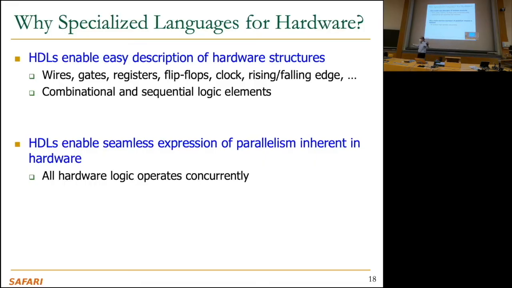In fact, if you really understand how to build hardware, you should more easily understand how to build concurrent and parallel software. And this does not get expressed in existing languages very well. So existing languages, if you look at C, for example, or Java, or any sequential language, it's sequential, right? One statement is executed after another statement, executed after the previous one.